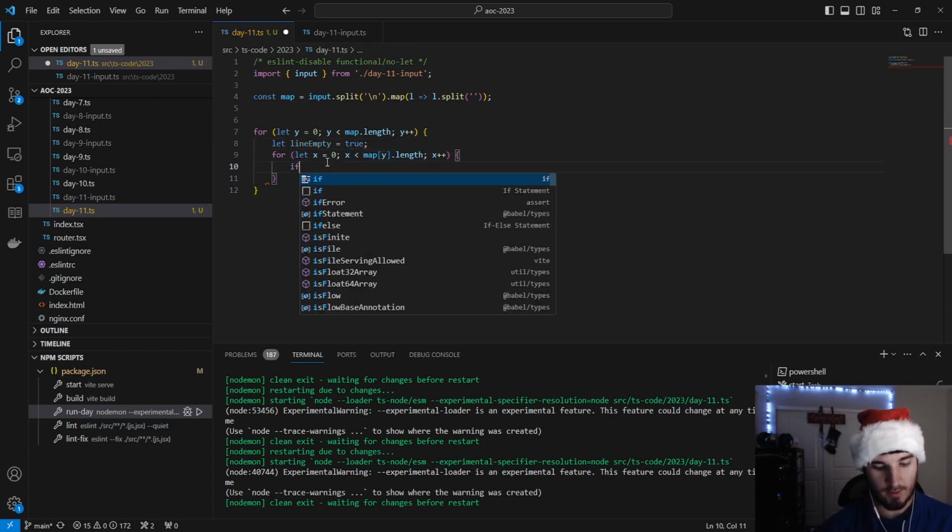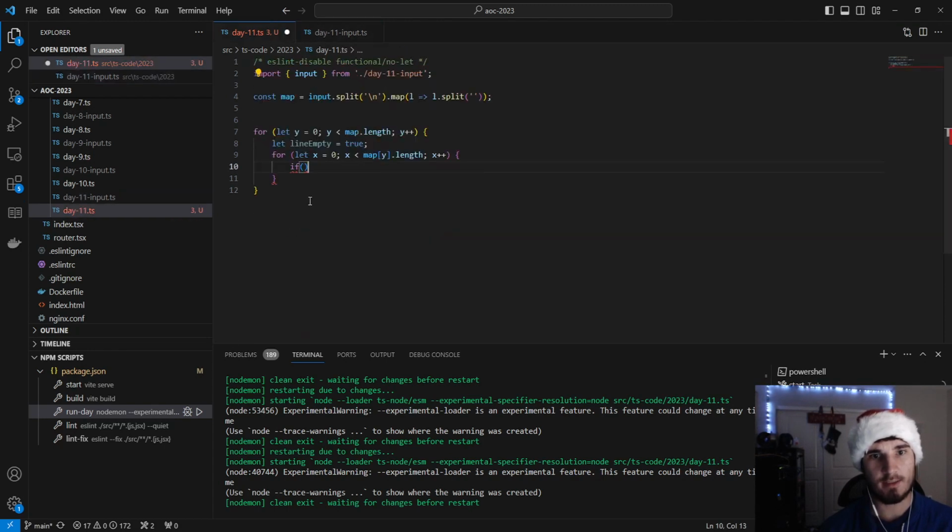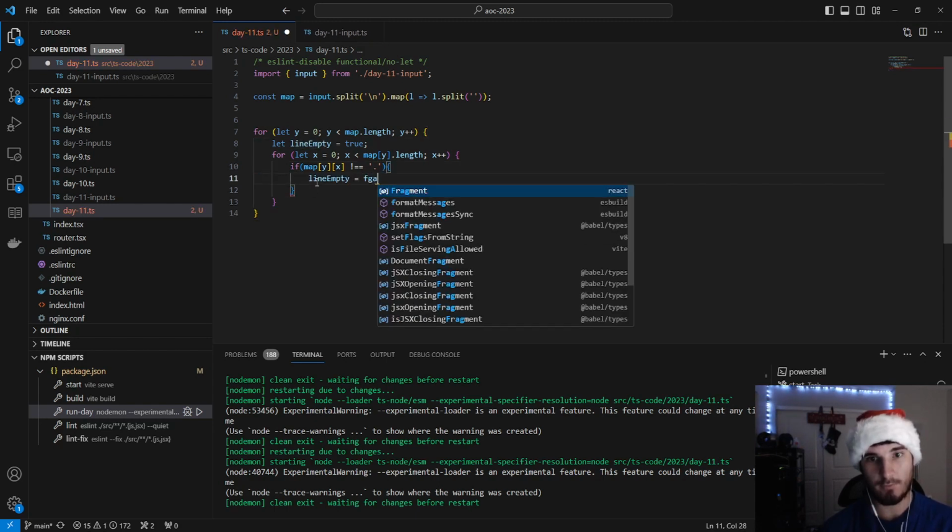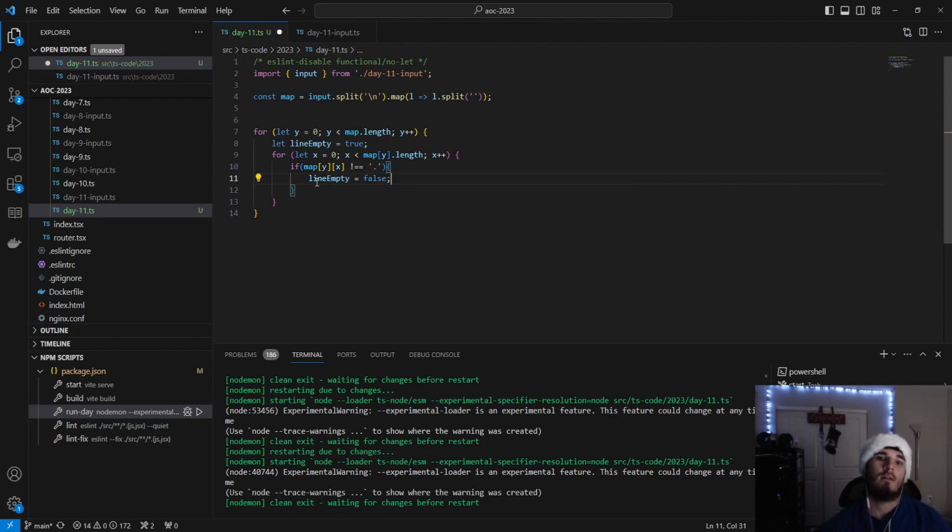What we can do here is check if it's all dots. So if map[y][x] does not equal a dot, we can go ahead and set lineEmpty to false. We'll just do this, and then we can flip it for the other one.